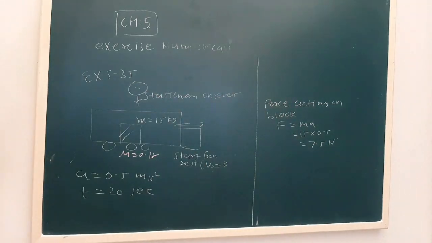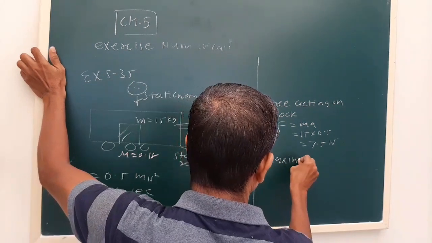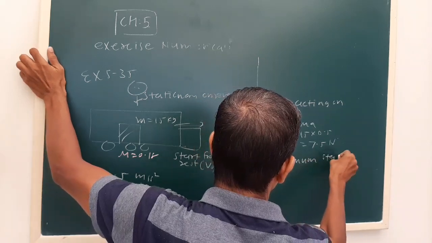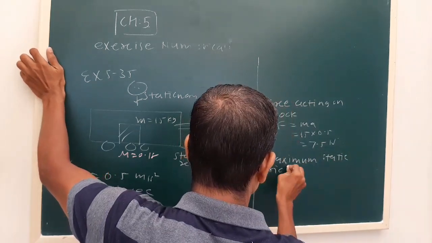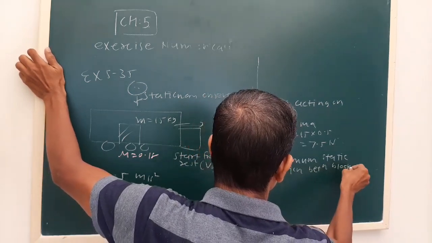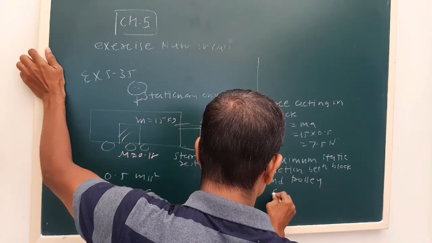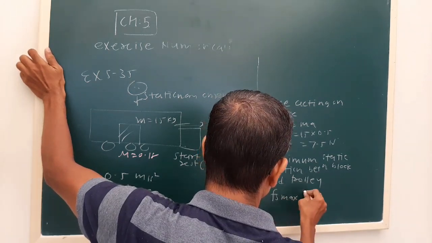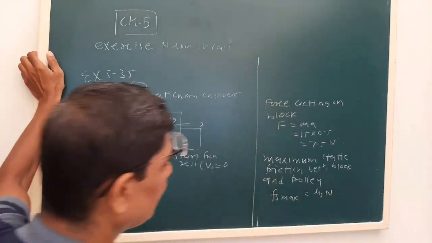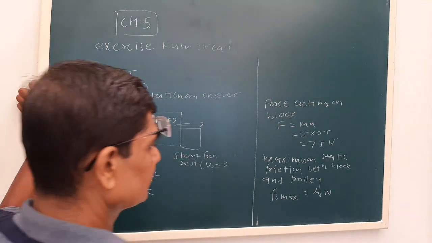Okay, see the first part of the question. Now see the maximum static friction between the block and trolley, that is mu s into N. Now see, N is equal to mg.